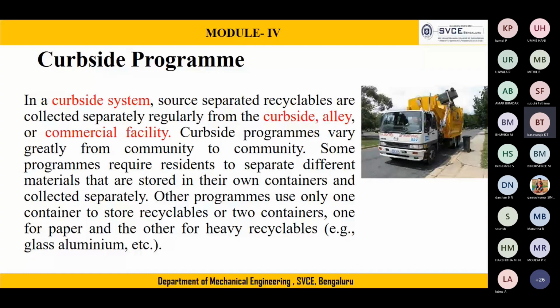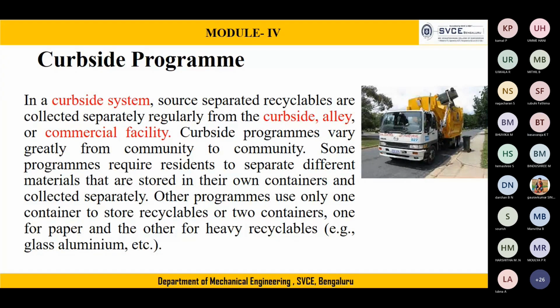This means that in this container we can use more than two compartments for disposal of different types of wastes, or we can use two containers, one for the heavy materials and another for the light materials like plastic, paper and waste papers, all for the recyclable things.